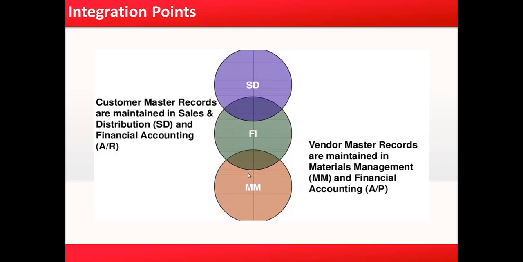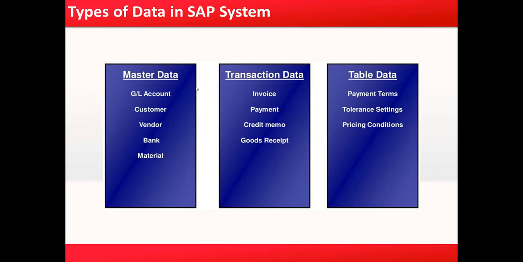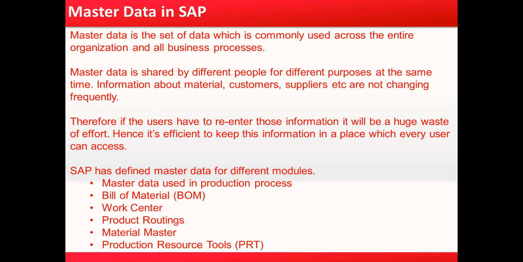This data is created here and used there. So you can see how one business process is using the master data from another business process. That is the reason why we create master data: the data is created at one place and used at another place, across the organization and across the business processes.